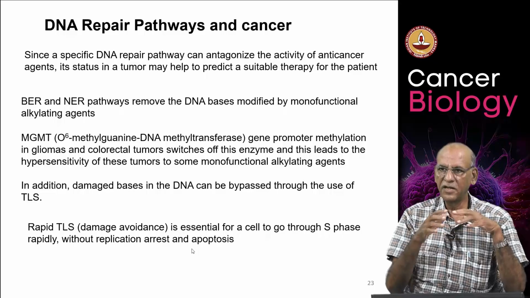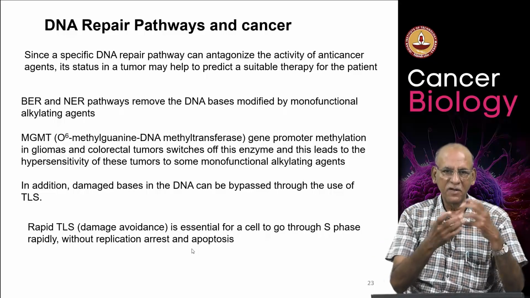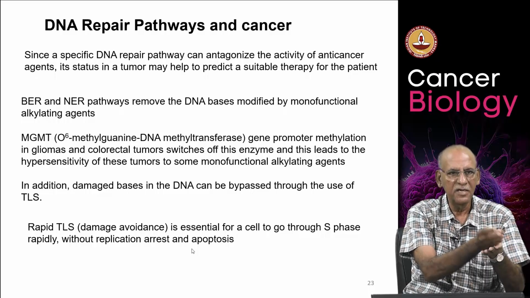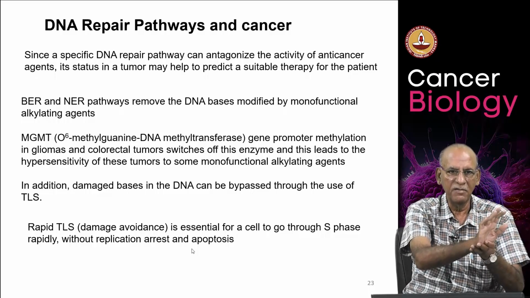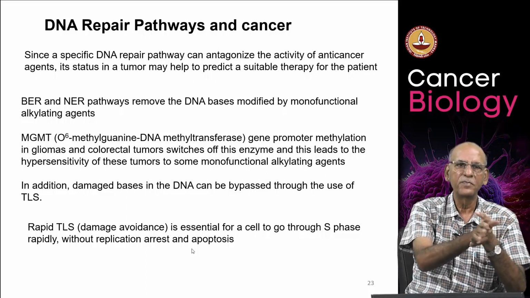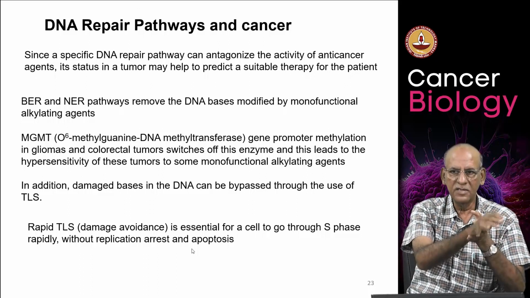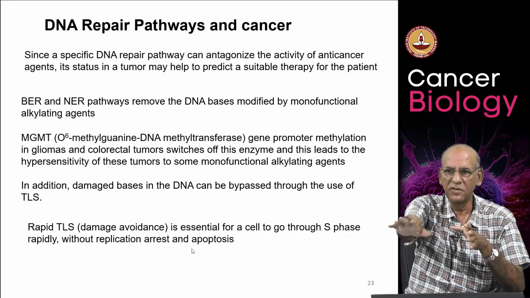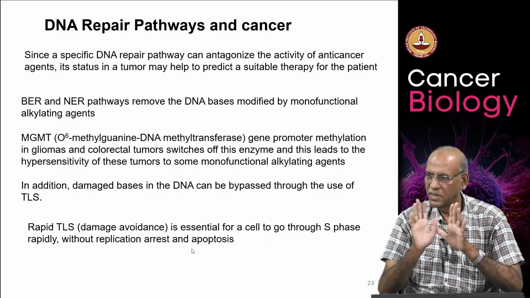Of course, I am telling it in a roundabout way. For example, if the person does not have a BRCA1 mutation, she is okay. I am saying she because it is usually in women. So, we know that as far as the DNA repair mechanism is concerned, normal BRCA1 is there, so it will be okay.